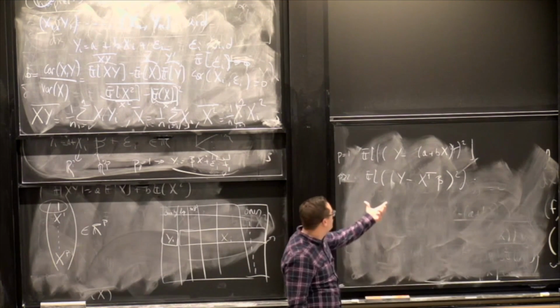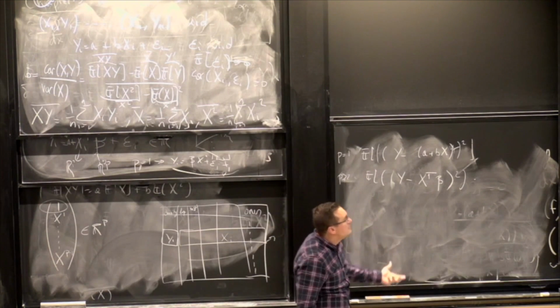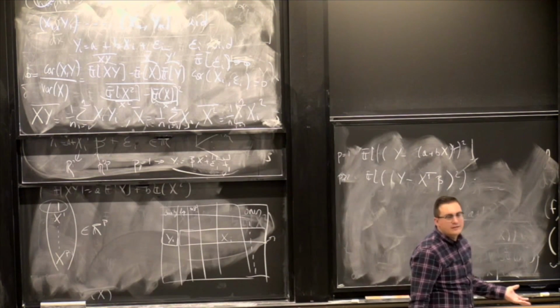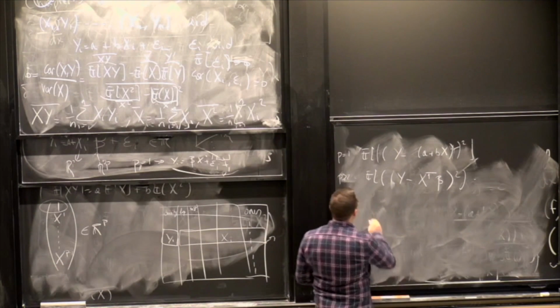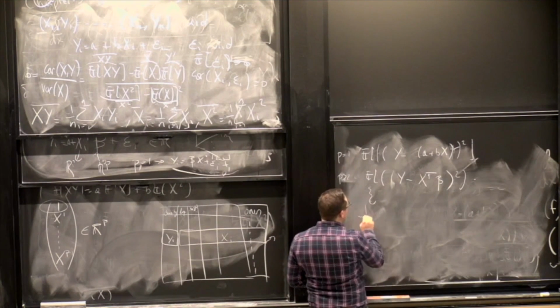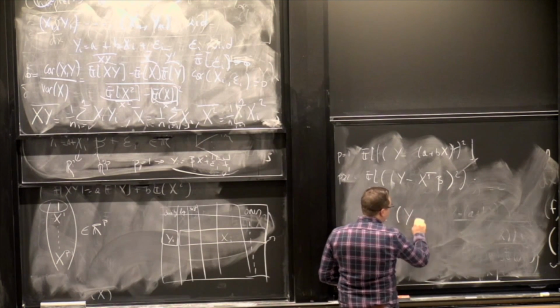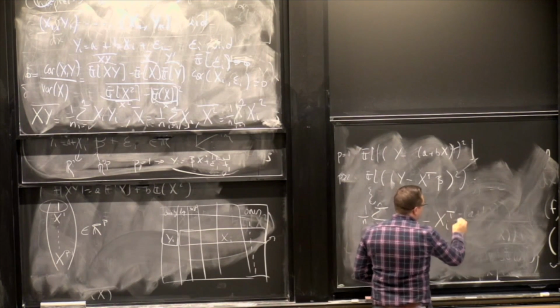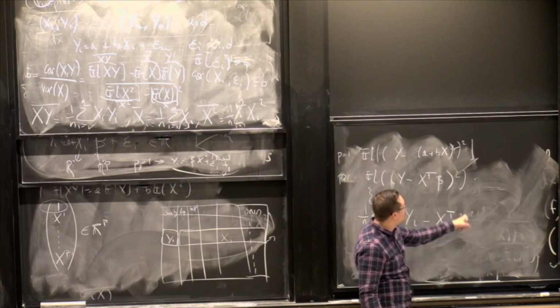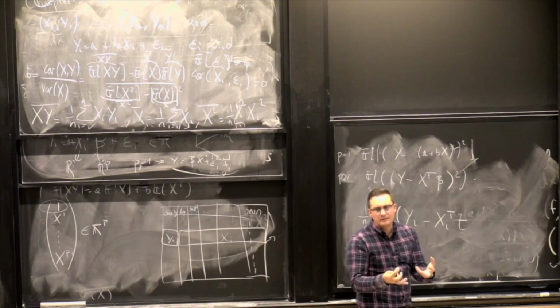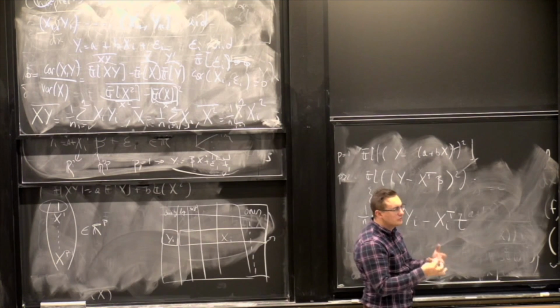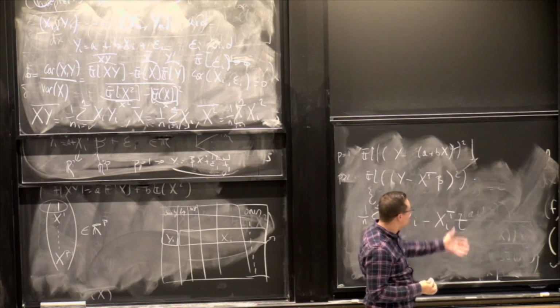I'm just trying to minimize this quantity. Of course, I don't have access to it, so I'm going to replace my expectation by an average. Here I'm using the notation t because beta is the true one, and here I have a variable t that's just moving around.